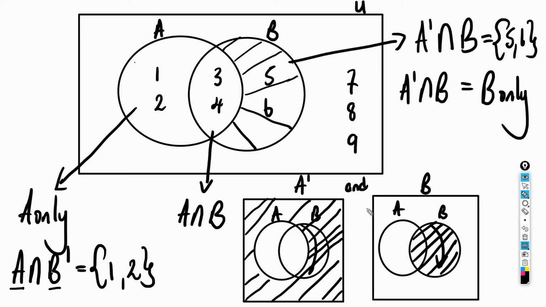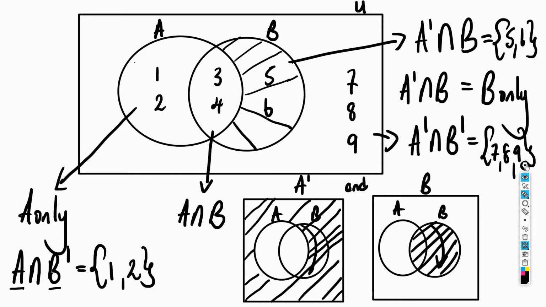Okay, guys, and the last thing we have here is the region outside of A and B. It would be the same thing as A prime intersect B prime, which is just equal to 7, 8, and 9. Let's try to represent this on the Venn diagram as well.